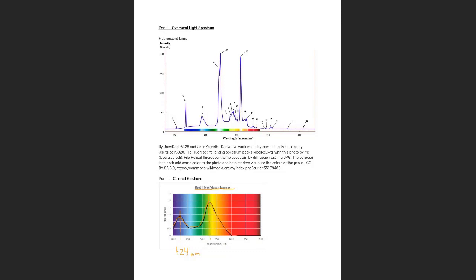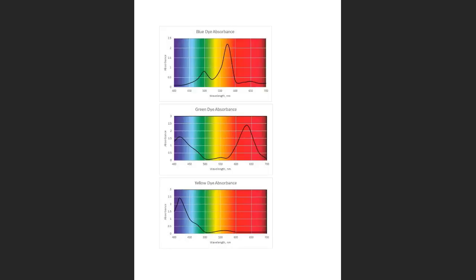And then they say what is the wavelength of the first peak in the spectrum of the blue solution. So this is the blue solution. And again, you go to the first peak and you identify the wavelength of that peak. And then they will ask you what is the wavelength of the second peak of the blue. So this is the second peak. You just identify this wavelength and write it down.